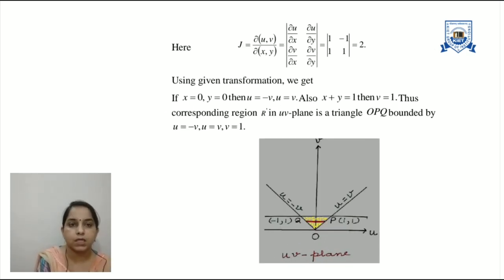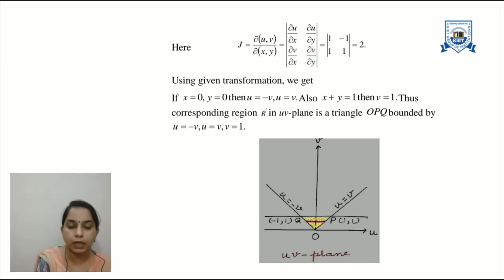Now using the transformation we get the Jacobian of uv with respect to xy to be 2. Now we have x equals 0 and y equals 0. Using the transformation that was given in the question, we have u equals minus v and u equals v. Also we are given that x plus y equals 1, that gives us v equals 1.